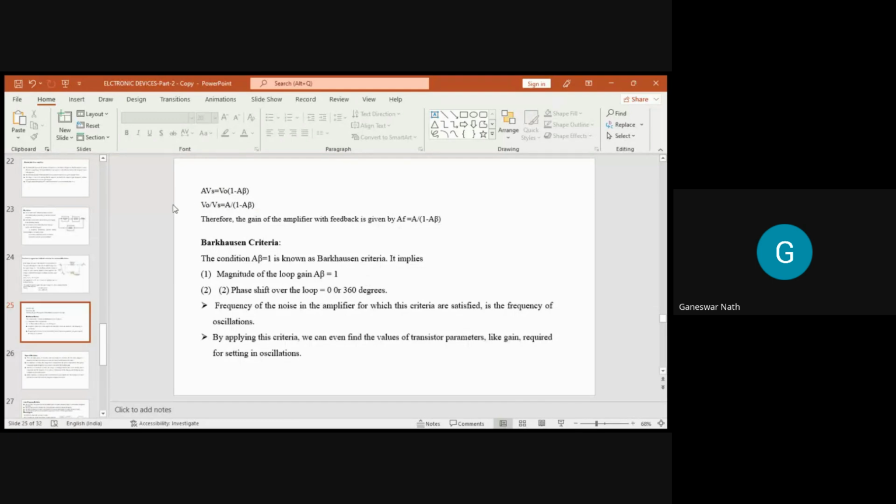Based on this A beta value, when I put A beta equal to 1, that is known as the Barkhausen criterion. What is the meaning of this Barkhausen criterion? It implies the magnitude of the loop gain A beta is equal to 1. If it is equal to 1, then 1 minus A beta equals 0.